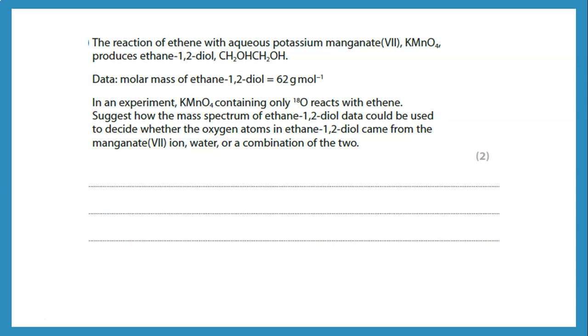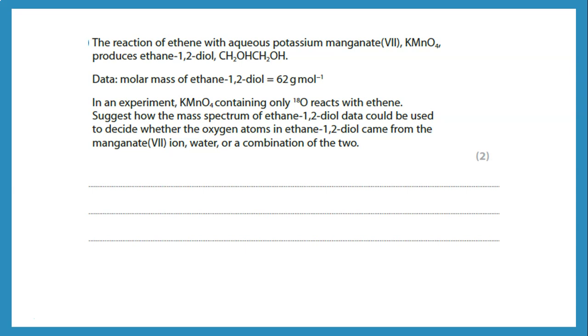He's saying in an experiment, potassium permanganate containing only O-18, so the oxygen from the manganate is O-18, reacts with ethene. Show how the mass spectrum of the product, ethane-1,2-diol, could be used to decide whether the oxygen atoms in this product came from the manganate ion or from the water or from a combination of the two. Remember, he said the oxygen in the potassium manganate is O-18.